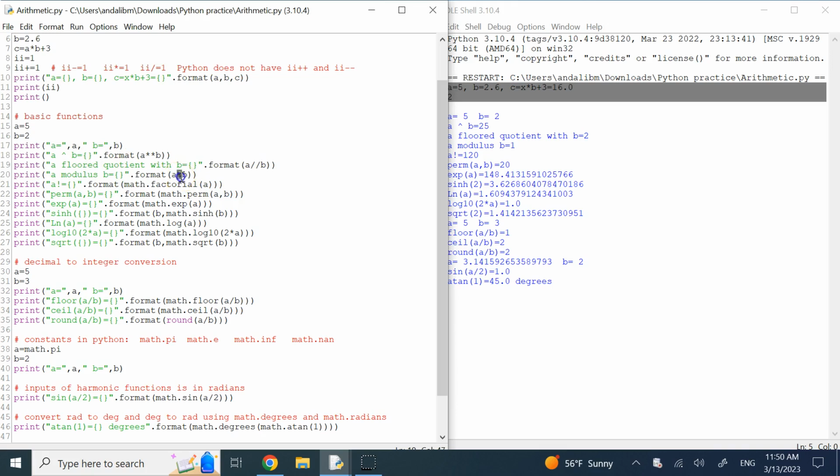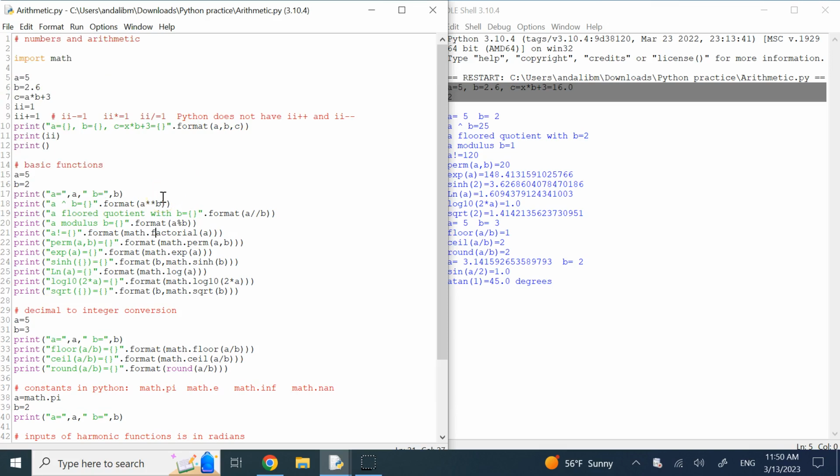If you want the modulus, use the percent sign. If you want the factorial, you have to use math.factorial. So keep that in mind. You have to use math.factorial.